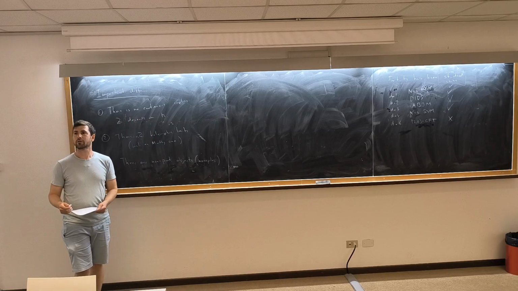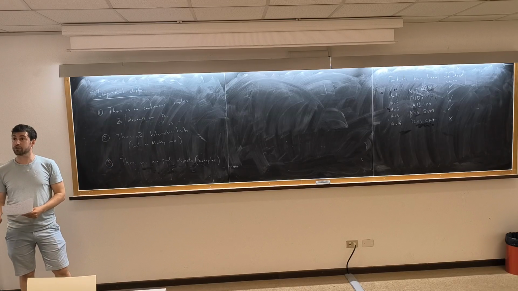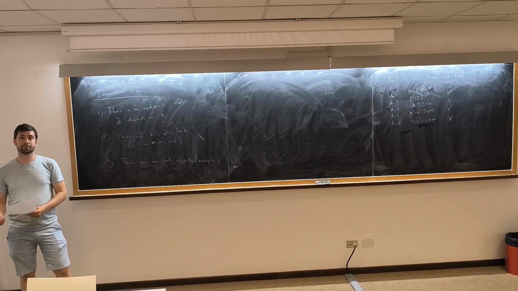Do they correspond to some classical solutions of the theory? Yes, I would say yes. Typically, in, say, N equals 4, I can still perturbatively compute things in the presence of an 't Hooft line or something, right?